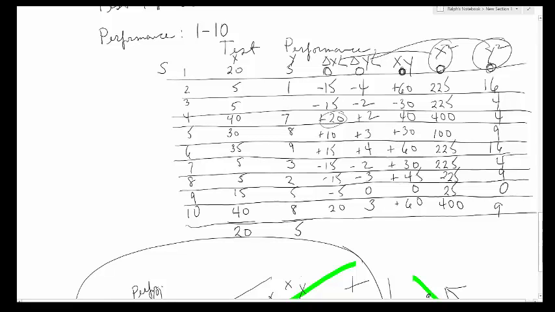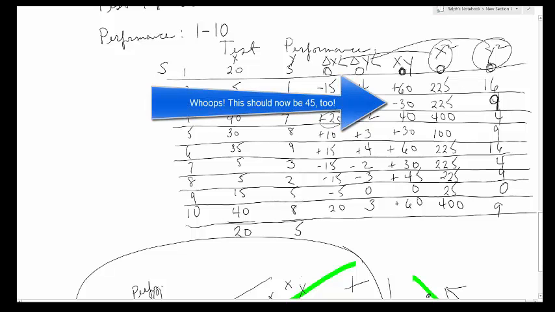This is supposed to be a 2. And then this is supposed to be a 3. Then this is supposed to be a 9. Yep, I have all my numbers right now.